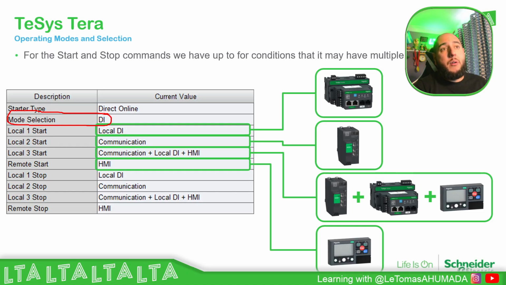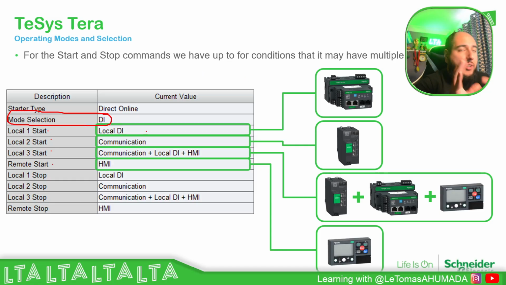So we have one or two digital inputs from the TeSys Tera that allow me to select the different starts. It's like a table with 4 conditions based on 2 inputs that will help me indicate which is going to be the start.